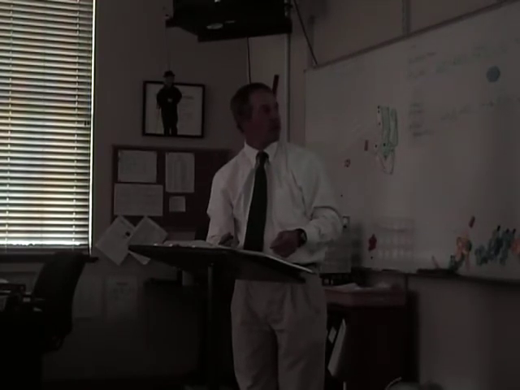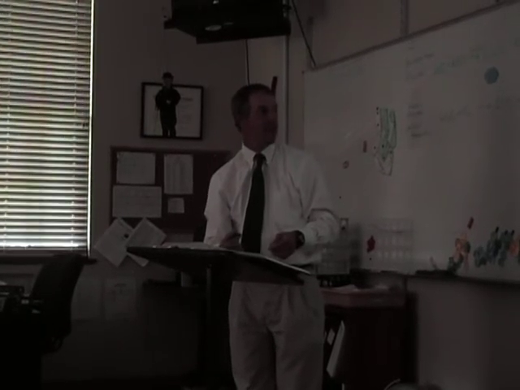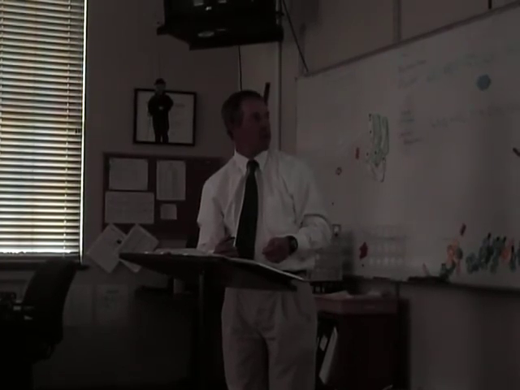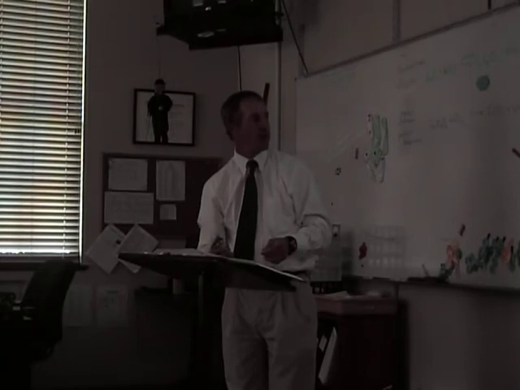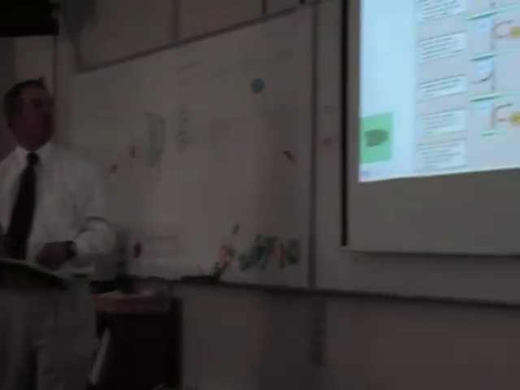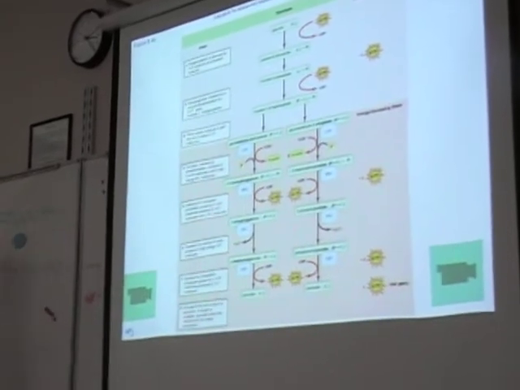Oh yeah. Is that tomorrow's lesson? That's today's lesson. This is stuff that we do in regular AP Bio. This is the first part of the breakdown of glucose. The breakdown of glucose is in 4 steps, and this is the first step.